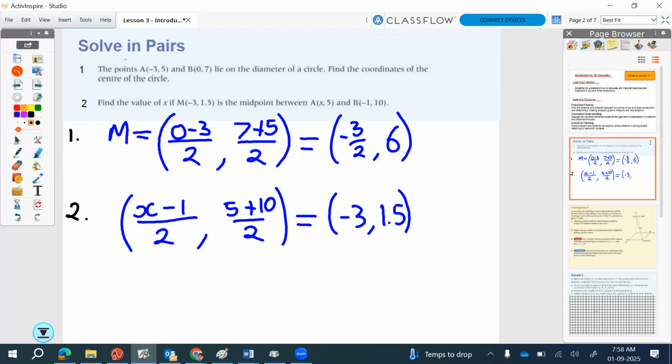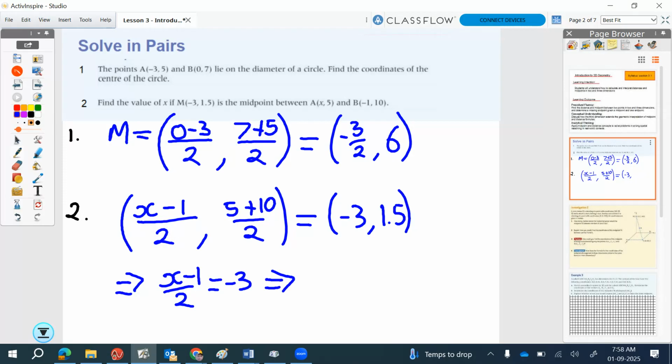So we get this equation. From this we can expand. We know that x minus 1 over 2 has to be the -3. The other bit we don't necessarily need. So this implies the equation x minus 1 over 2 is equal to -3.